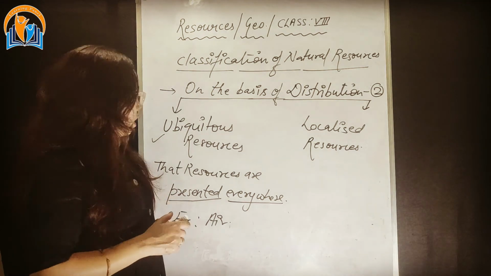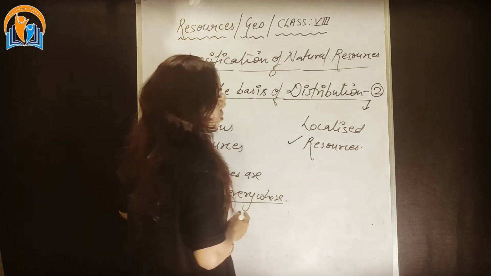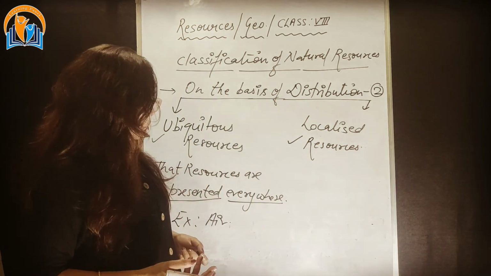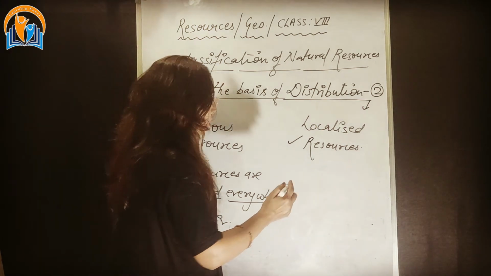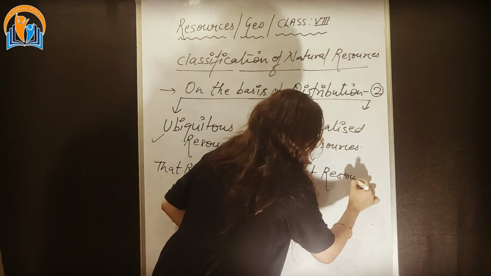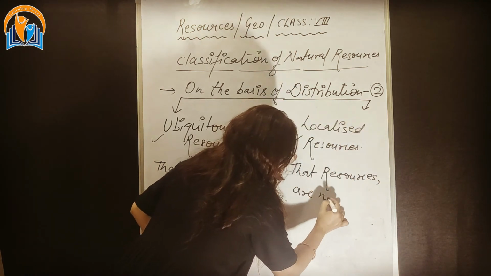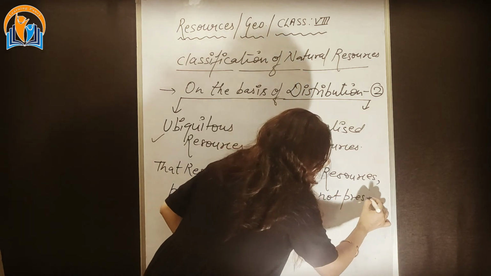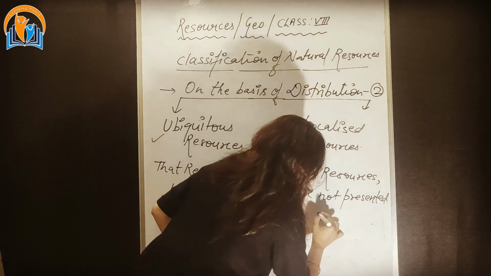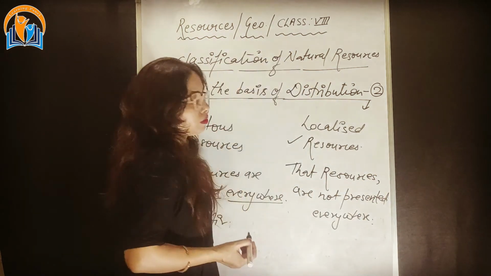Okay. Now after this, we come to the next, localized resources. Just go opposite. Very simple. Those resources that are not present everywhere.